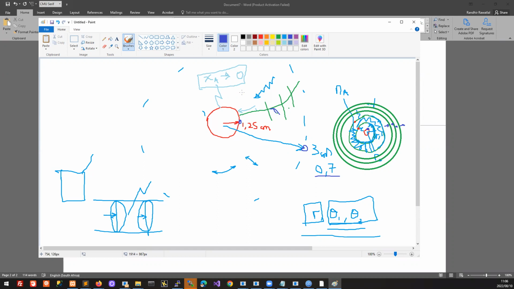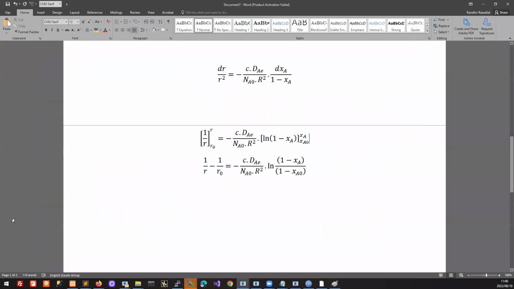So when we said the reaction rate is high, then we interpreted that as the surface concentration being approximately 0. So we have 0 here and 0.7 there. The radial position here is 1.25, and the radial position here is 3 centimeters. So that specifies everything we need here. So R is 3 centimeters and R naught is 1.25 centimeters. XA is 0.7 and XA naught is 0.